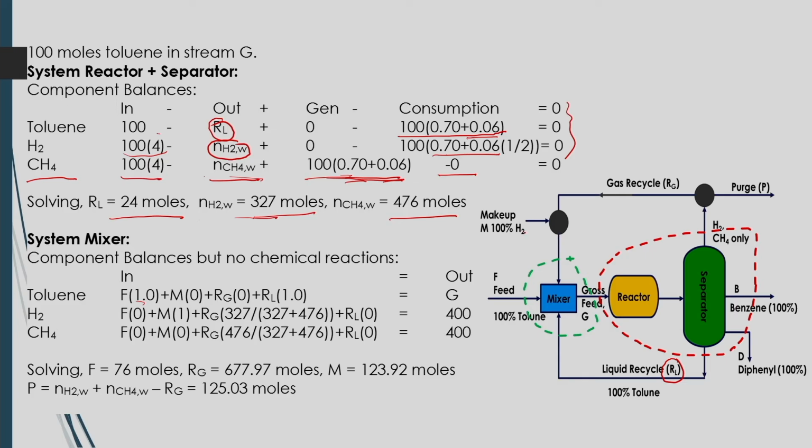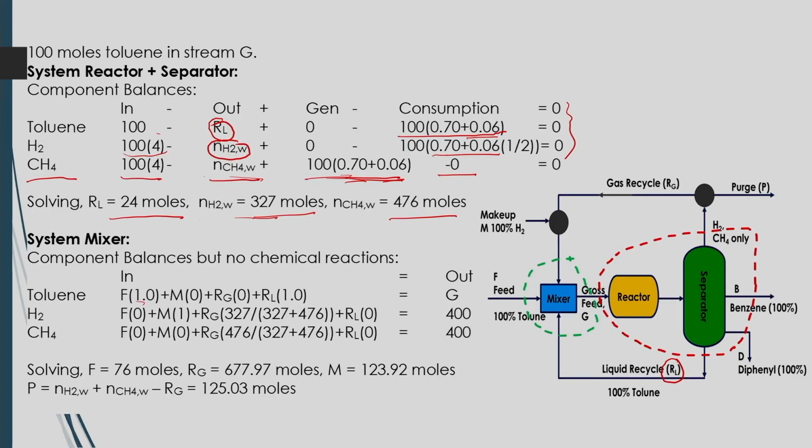Since makeup is only 100% hydrogen, there is no toluene in the makeup. So, simply we can write M into 0.